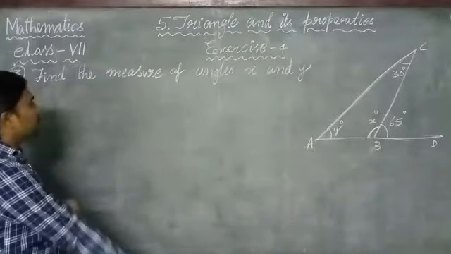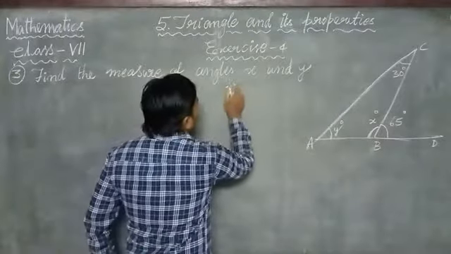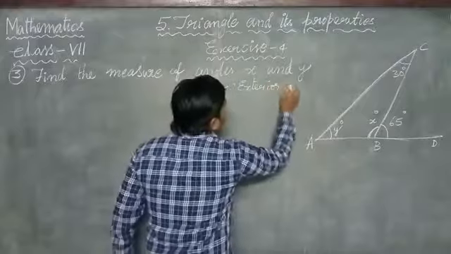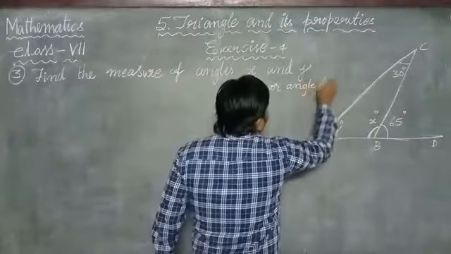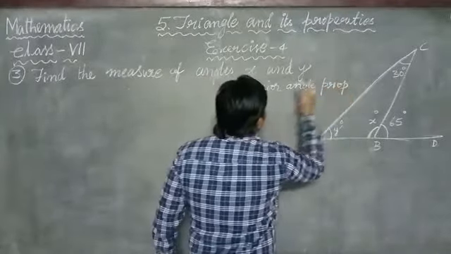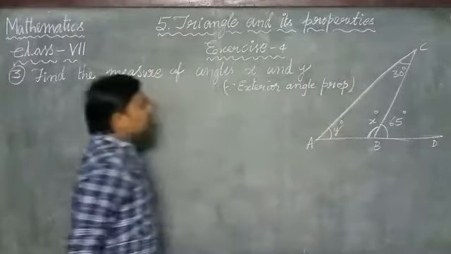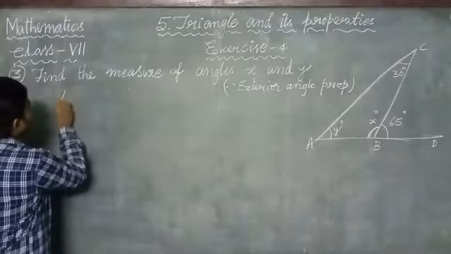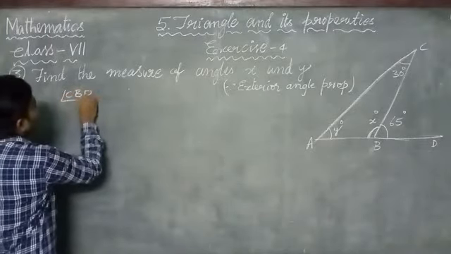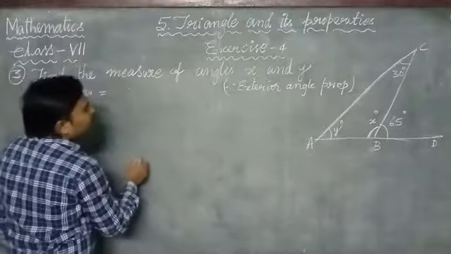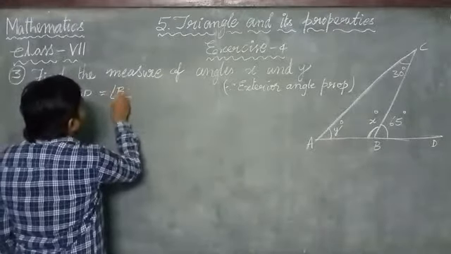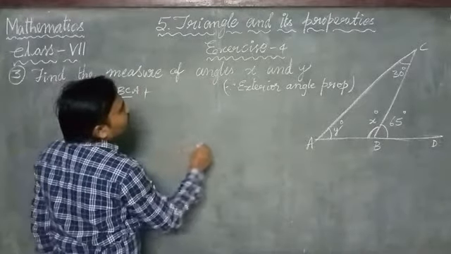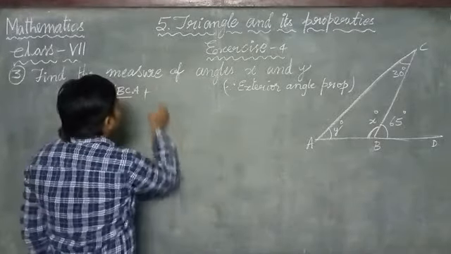From that we can write, from the exterior angle property, angle CBD is equal to angle BCA plus angle CAB.